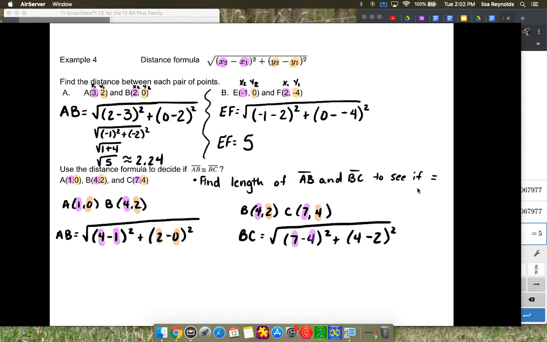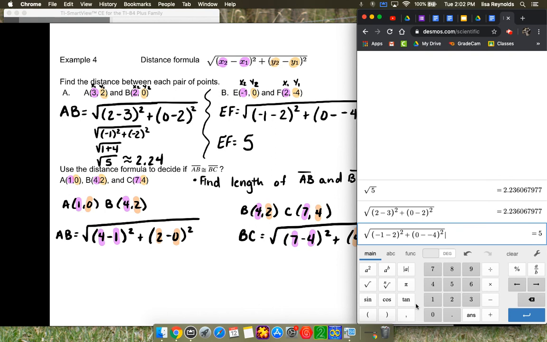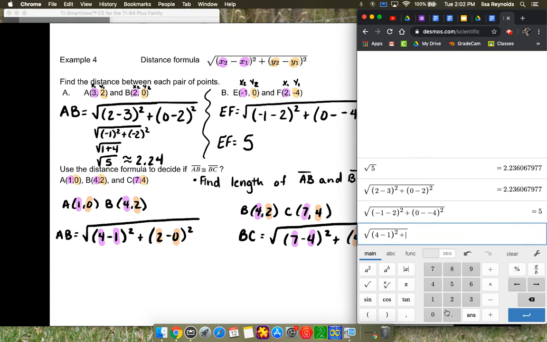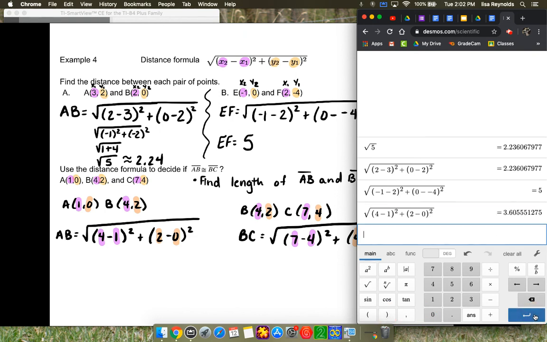One set of parentheses has the x's, and the other set has the y's. For BC, we're going to do the same distance formula: x2 minus x1 squared plus y2 minus y1 squared, with our x's together in the first parenthesis and our y's together in the second. Now we need to go to the calculator. For AB, we're going to do the square root of (4 minus 1) squared, plus (2 minus 0) squared.